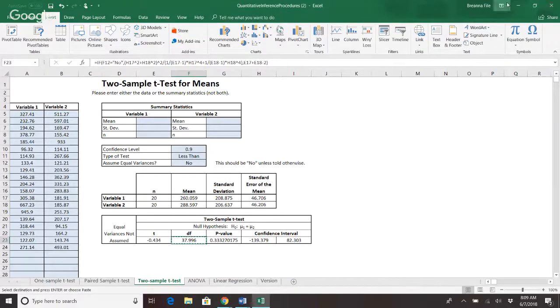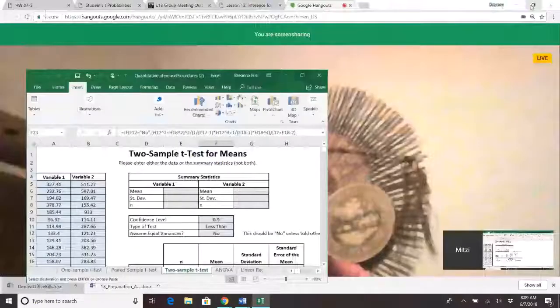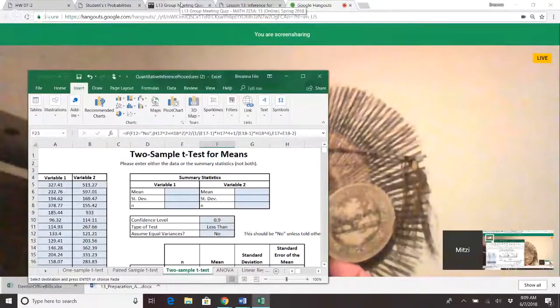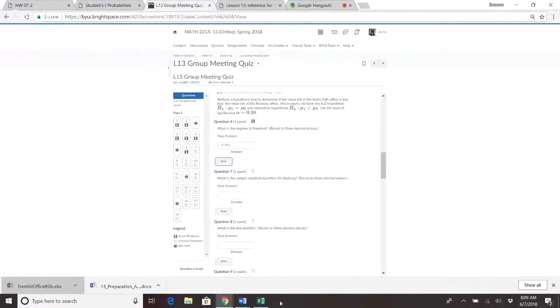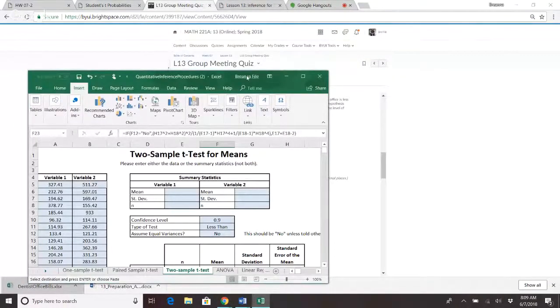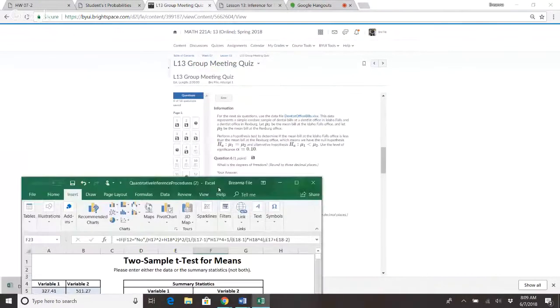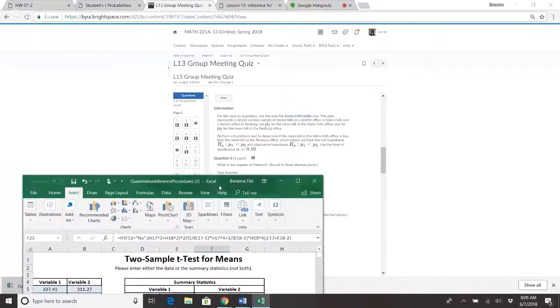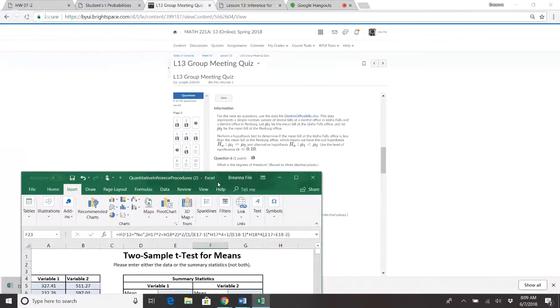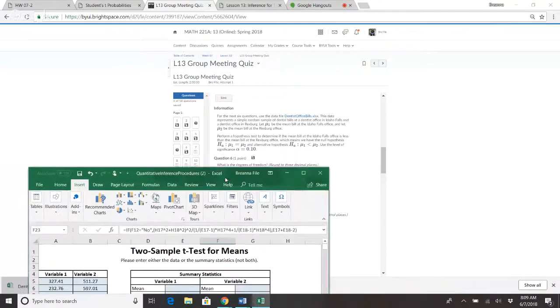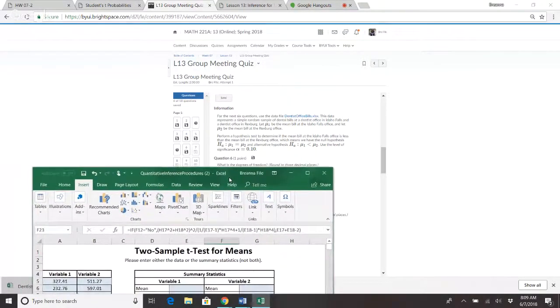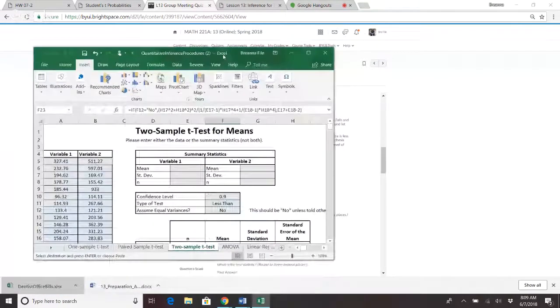So I was trying to figure out which one goes first in the first column. Let me see what you got, Brianna. Okay, let me put mine in too. Yeah, Idaho Falls is in the first column, and then Rexburg is in the second column.